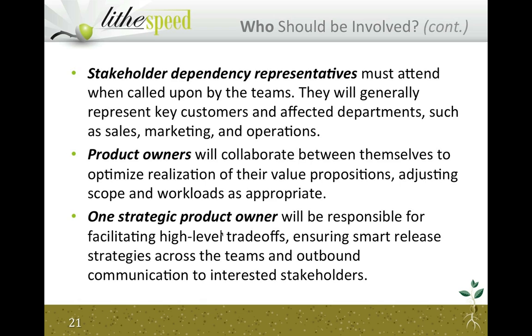And finally, you may have a strategic product owner who basically has oversight over an entire product line. If you, for instance, had 5 or 6 teams working in concert against a specific product, you would typically have one strategic product owner over all 5 or 6 of those teams, and product owners for each of the teams as well. So this higher level product owner would really be making a lot of the big picture decisions, like we need to move the release date, or we need to stop promising people this particular feature group will be delivered because it's not likely, things of that nature.